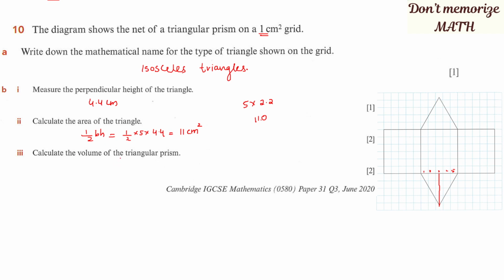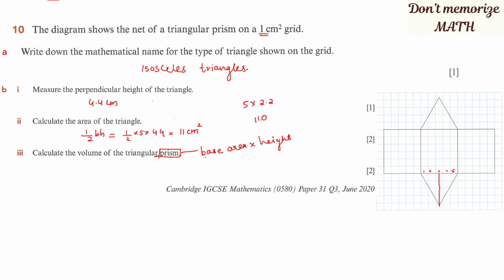Okay, calculate the volume of the triangular prism. To find the volume of a triangular prism, for any type of prism, base area times height will be the volume. So here we have a triangular prism.